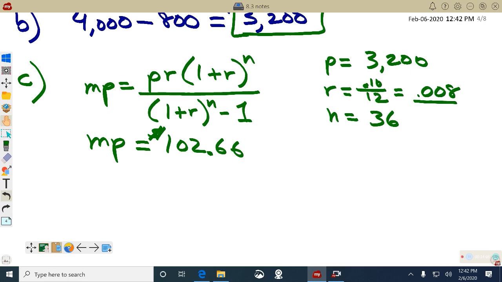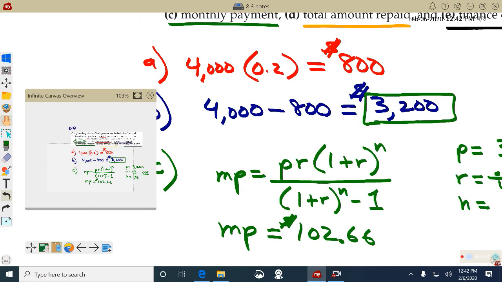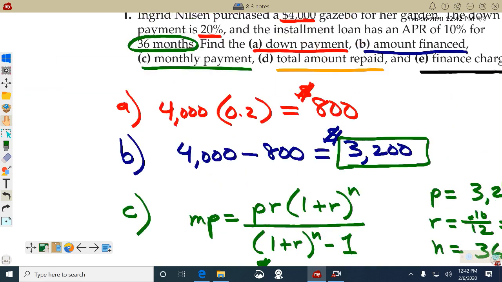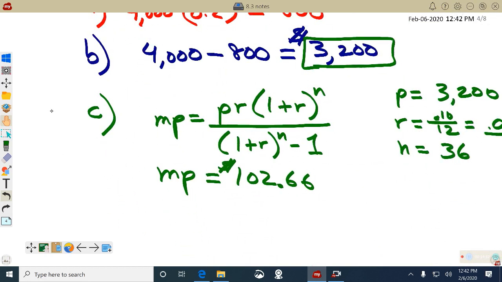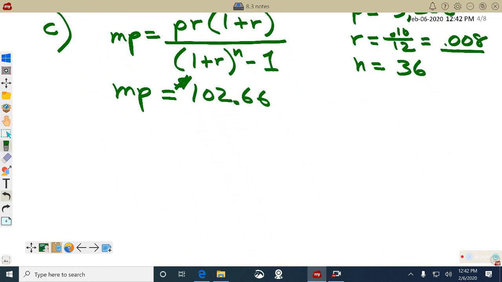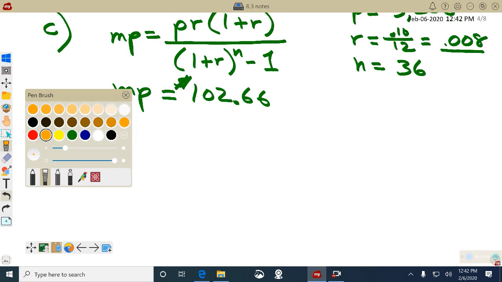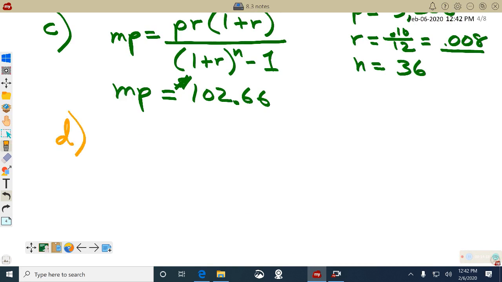Part D, I'm going to put in orange. So the total payment repaid. Part D. Here we go. Total amount repaid right here. I have the formula up here. Right?